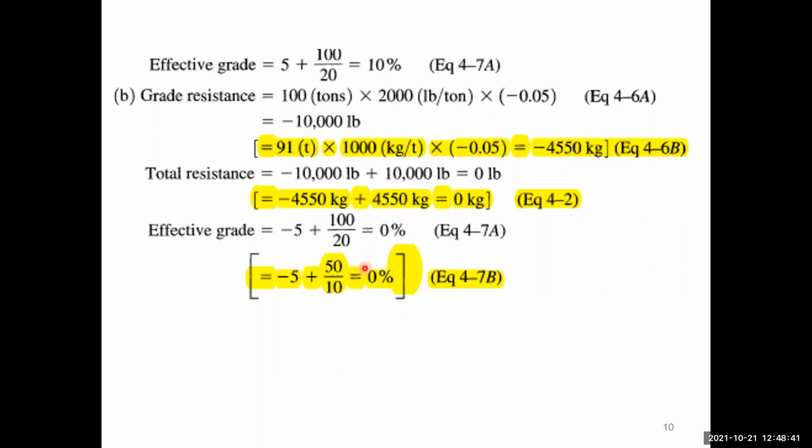And the effective grade will also become 0 because both are cancelling with each other. So in this case, the effective grade will be 0%. So using these simple formulae, we can calculate the rolling resistance and the grade resistance for the truck.